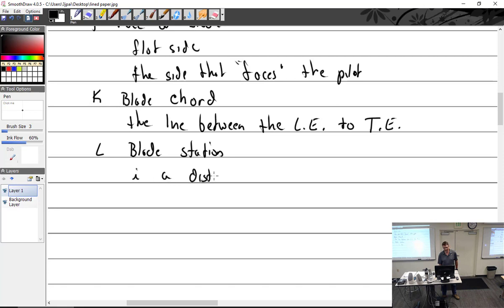A distance from the hub in inches, from the center of the hub to the blade tip, or to wherever. Like, if I said blade station 5, then it's 5 inches from the center out.